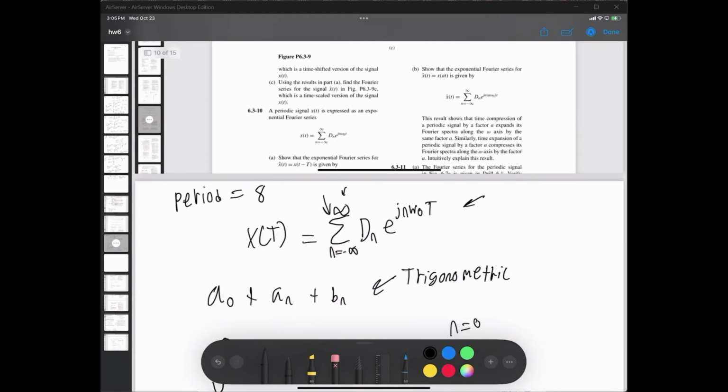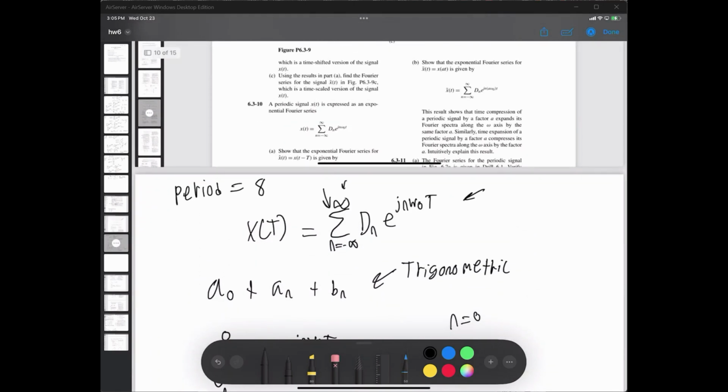So we must now break up this signal like we did with the trigonometric version, but you don't really have to do that, since we're using the exponential, and an exponential represents both cosine and sine.